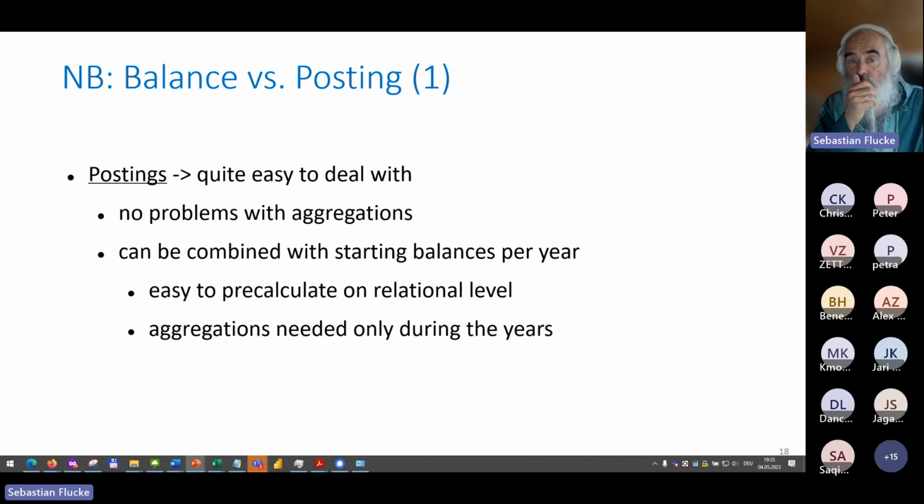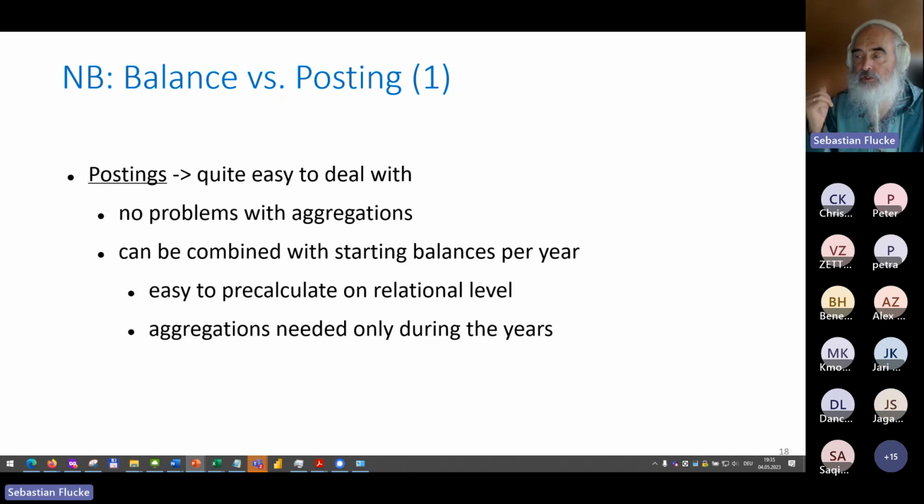That's why a good idea is to combine the postings with, for example, a starting balance per year. Maybe per calendar year or maybe per fiscal year, depending on your business calendar.